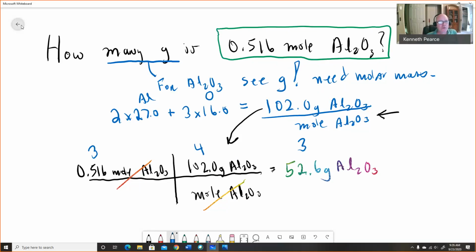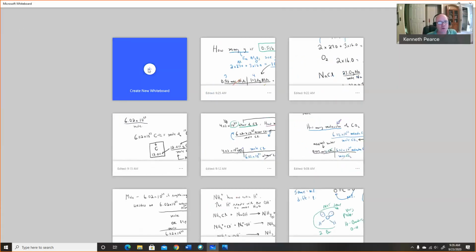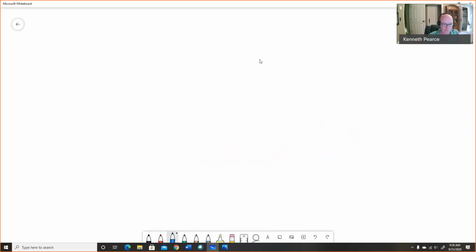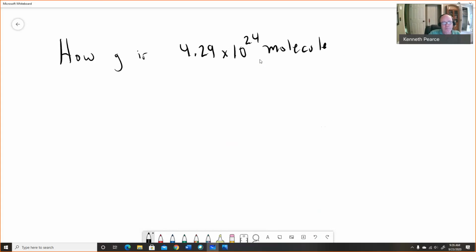Now, let's do another example. Let's tie everything together in one more example. And let's say that we wanted to know how many grams is, let's say, 4.29 times 10 to the 24th molecules CO2.